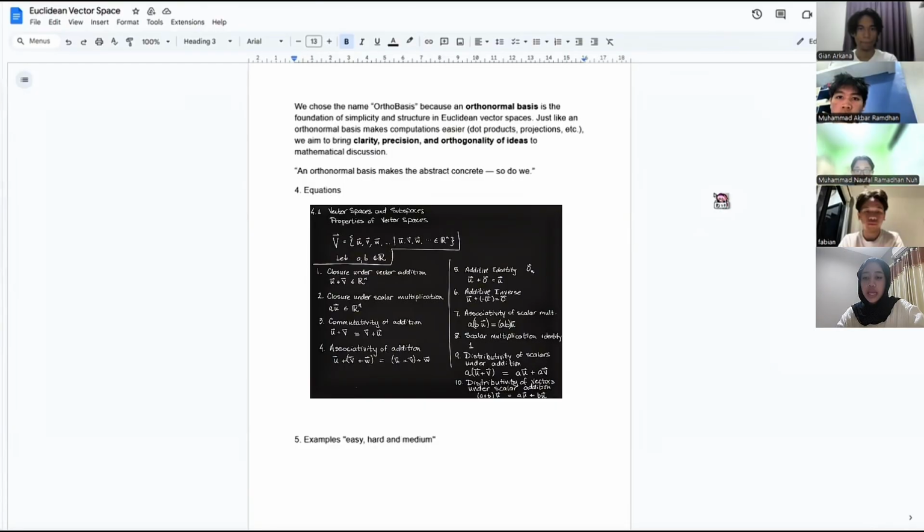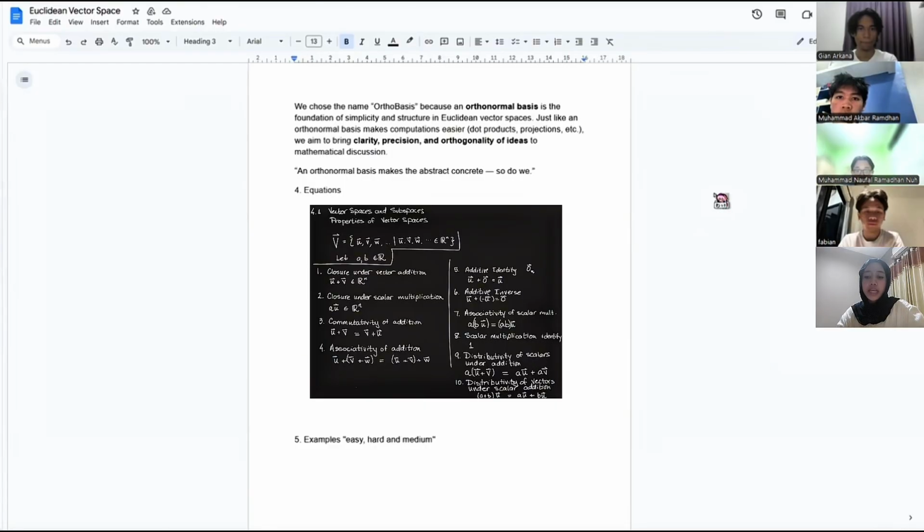Next is associativity of scalar multiplication. The formula is a times bu equals ab times u. And next is scalar multiplication identity. The formula is 1 times u equals u.